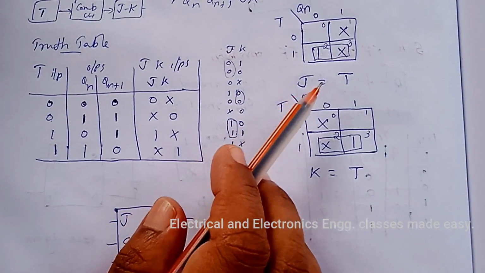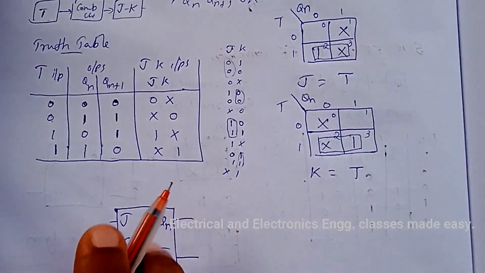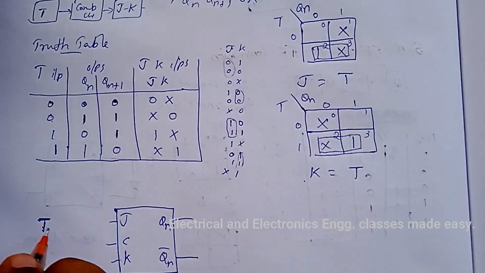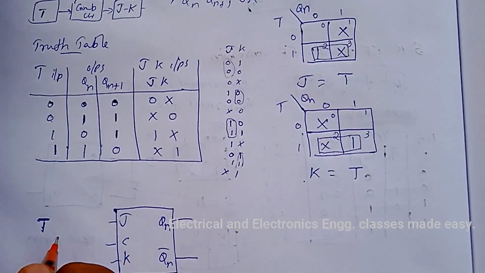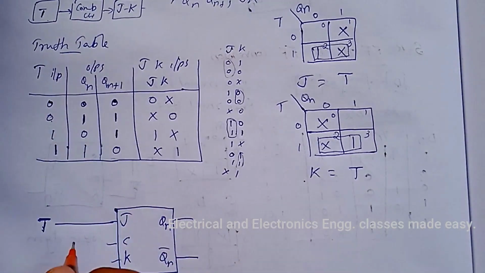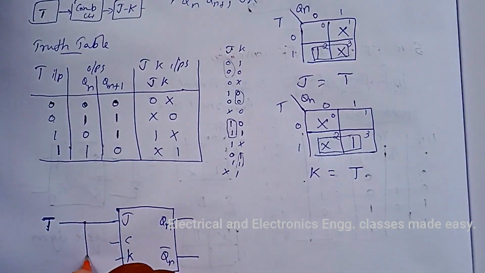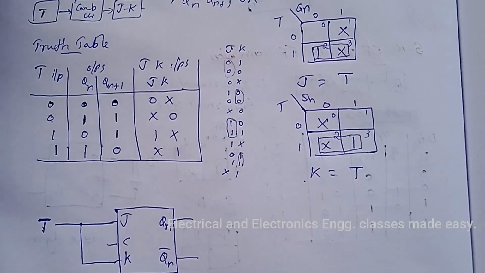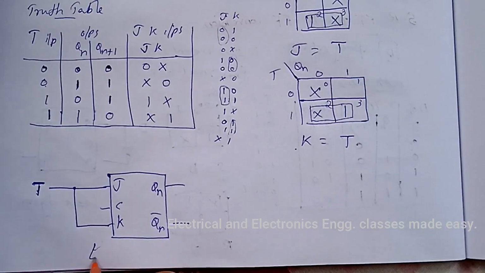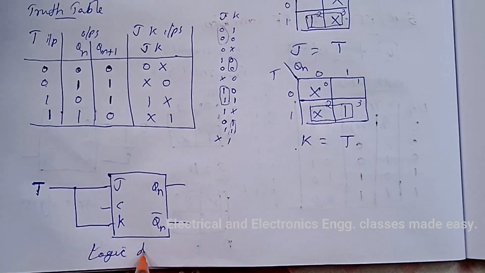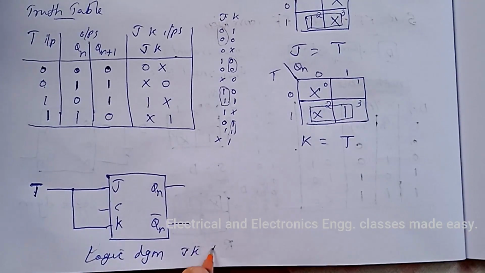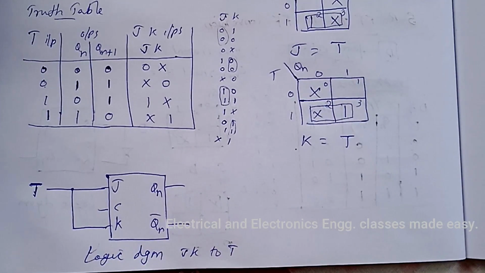And here J equal to T and K equal to T. So T is the external input, that is the required input. So T is connected to J and K. So this is the logic diagram for the JK flip-flop to T flip-flop conversion.